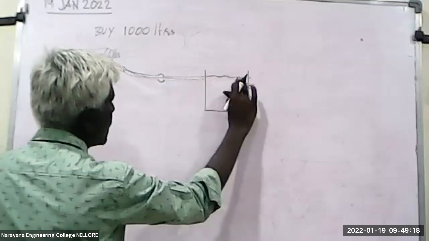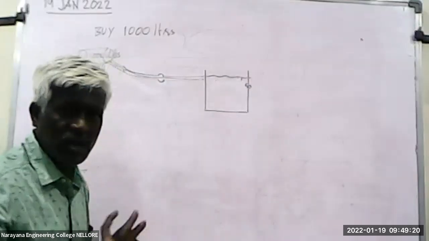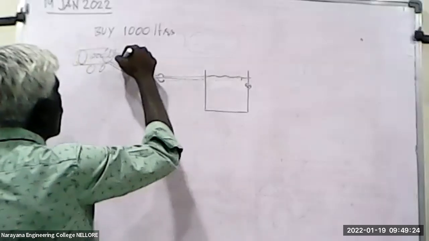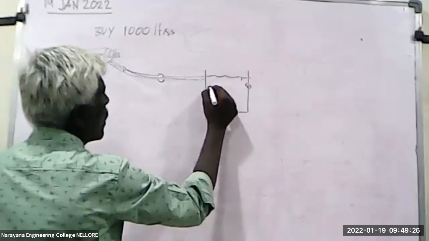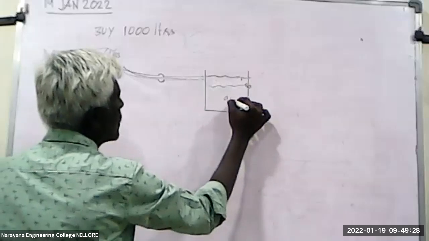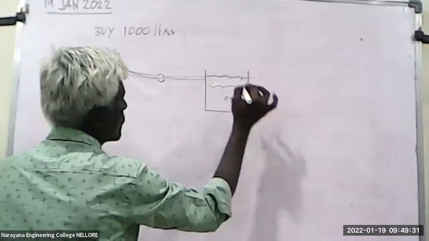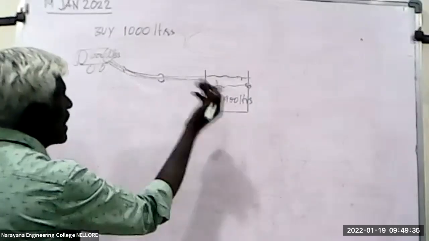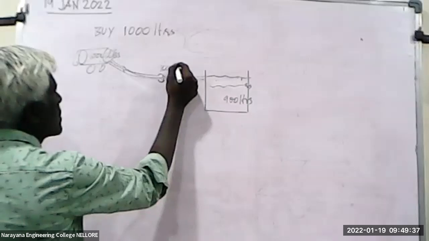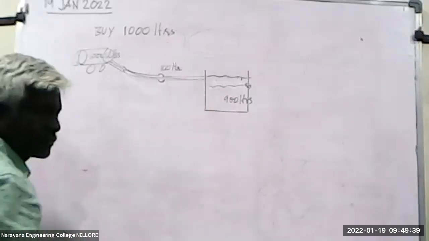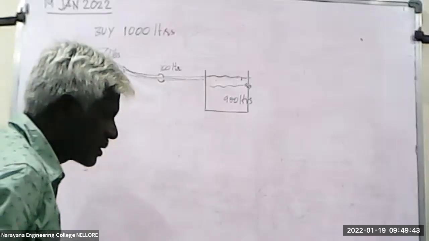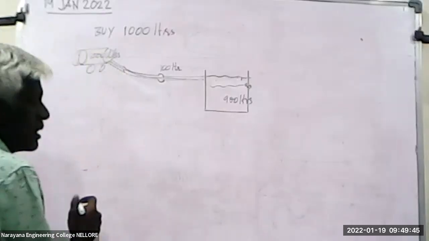The tank was empty earlier, there was no water in the tank at all. After you emptied the lorry, you found only 900 liters in this tank. Now where has that 100 gone? 100 liters has gone here. Is that okay?